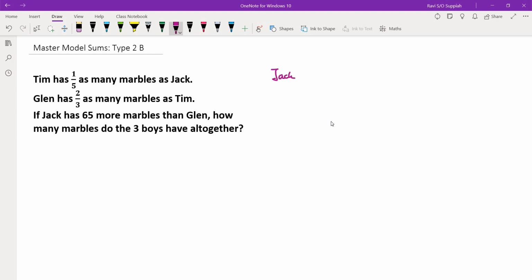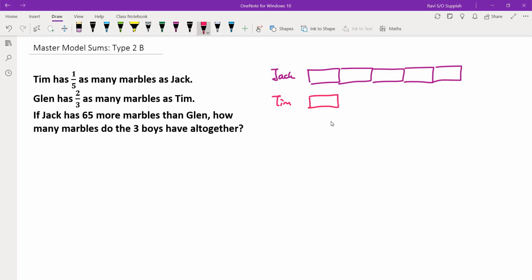For Jack, we will draw 5 blocks: 1, 2, 3, 4, and 5. And Tim has 1/5 as many marbles as Jack, so for Tim, it is 1 block. This represents the information from the first sentence.